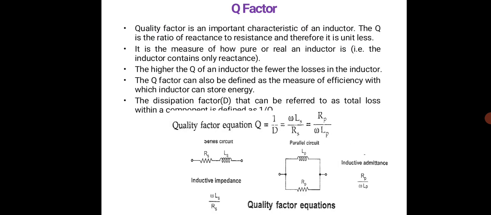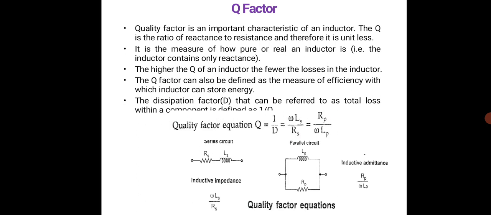The second parameter is the Q factor, which is the quality factor. This is a very, very important characteristic of an inductor. It is a ratio of reactance to resistance, and therefore it is unitless. It is a measure of how pure or real an inductor is, in case the inductor contains only reactance. The higher the Q of the inductor, the fewer the losses in the inductor.